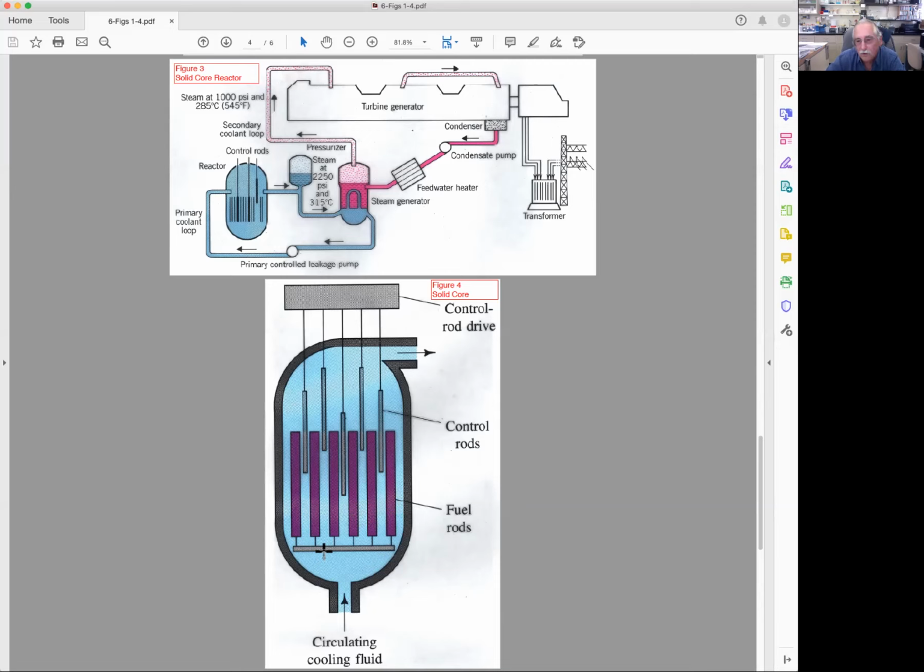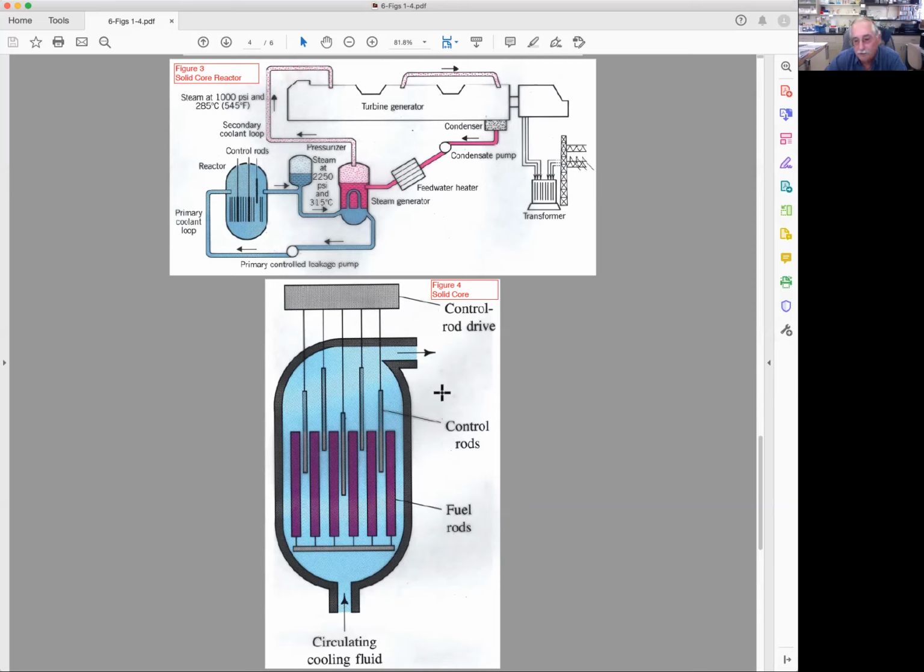So how you control it is you drop down these control rods that absorb the neutrons, preventing neutrons from this rod to go to the other rod. So if you pull these up, you accelerate the reaction. If you put them down, you decelerate the reaction.